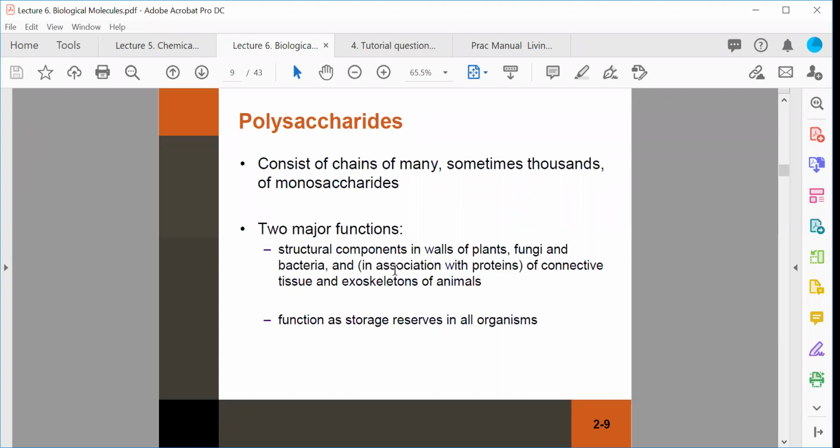And then also in association with certain proteins, we find polysaccharides in connective tissue in animals, and also in the exoskeletons of animals. Polysaccharides also function as storage reserves in all organisms. And when we're talking about storage reserves, we're talking in particular about storage of energy.